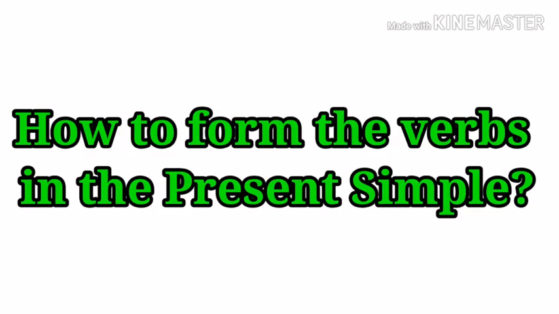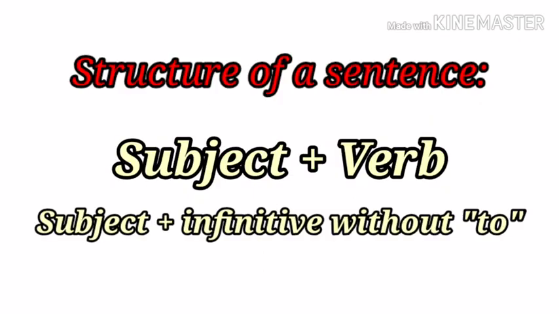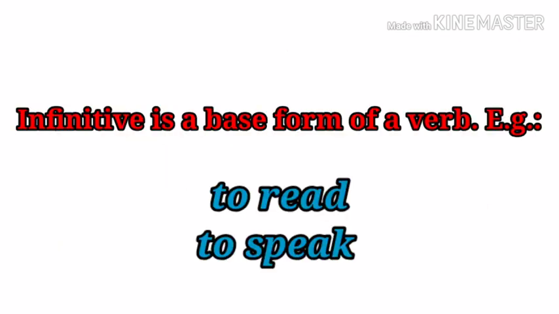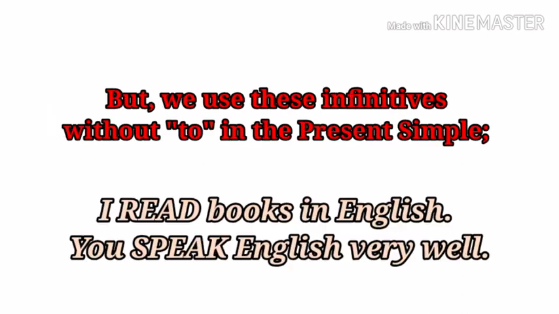So, how to form the verbs in the present simple? Structure of a sentence: subject plus verb, or subject plus infinitive without to. Infinitive is a base form of a verb, for example, to read, to speak, and so on. But we use these infinitives without to in the present simple.